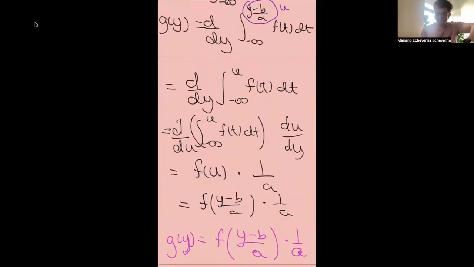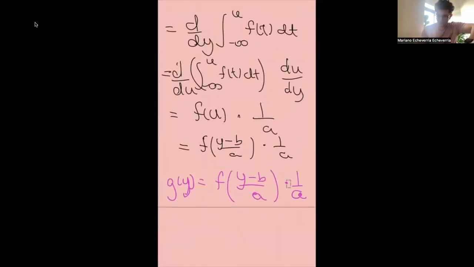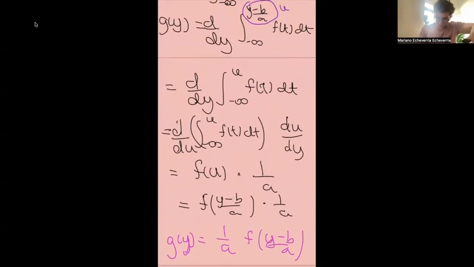Right, because I have to multiply by the derivative of u with respect to y, right? When I use the chain rule. Gotcha. Is that making sense? Yeah, that makes sense. So it's kind of like the rescaling that goes there.